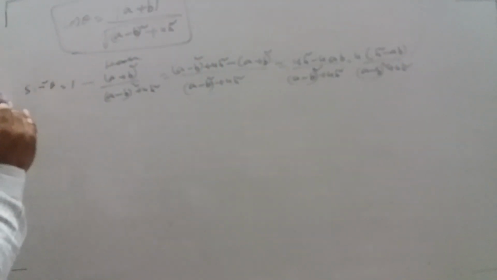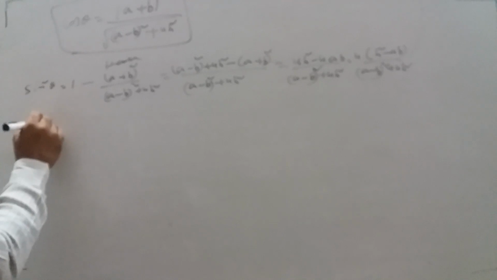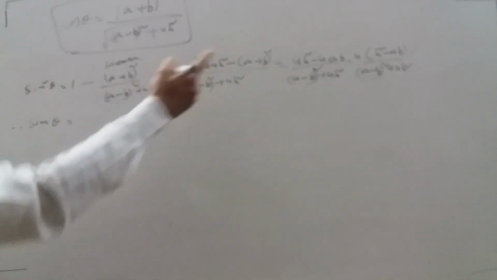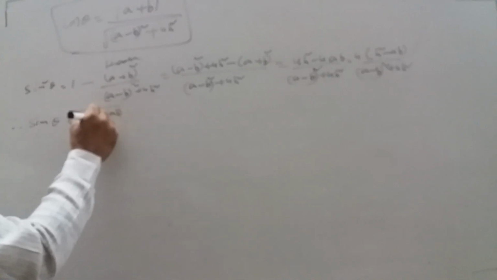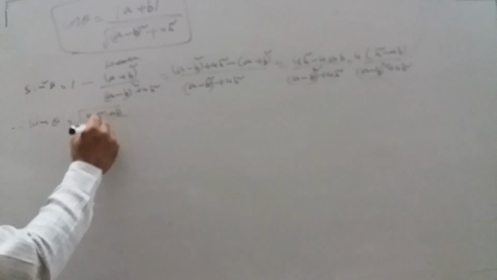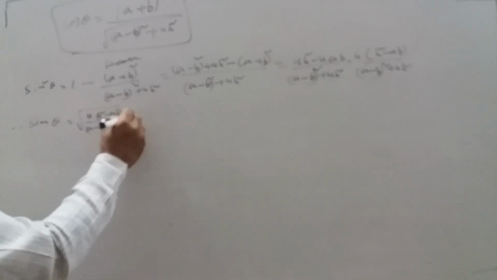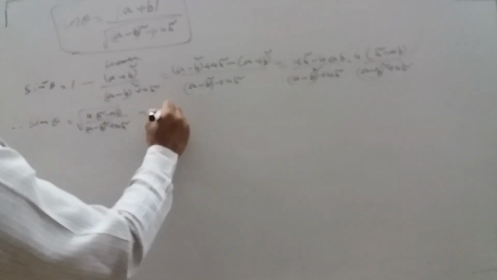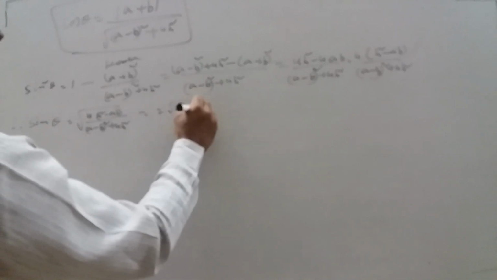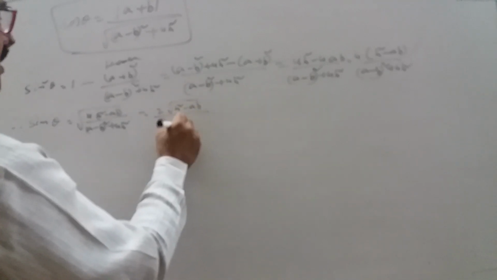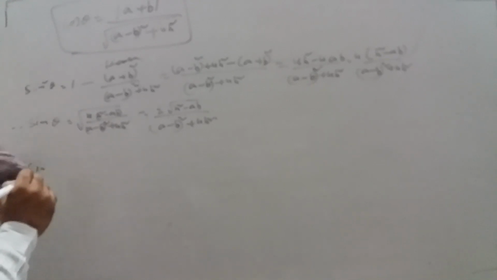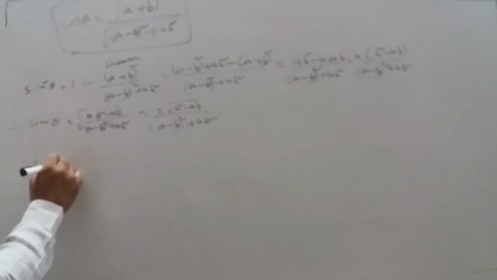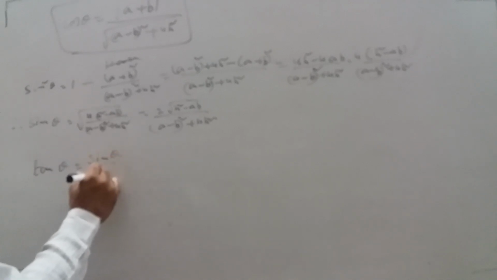Now we have to find by using sin theta. We can write therefore sin theta is equal to square root of 4 into h square minus ab by (a minus b) whole square plus 4h square. That means if you bring out 2, root of h square minus ab by (a minus b) whole square plus 4h square. In terms of tan, we can find also. Therefore, tan theta is equal to sin theta by cos theta.